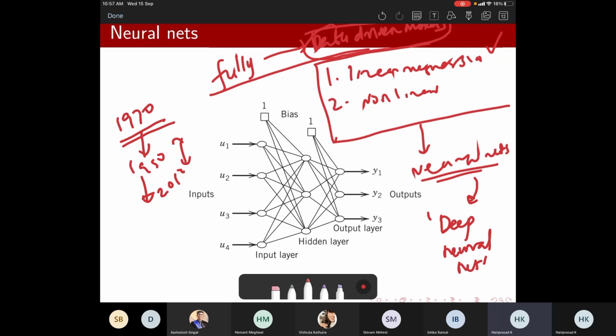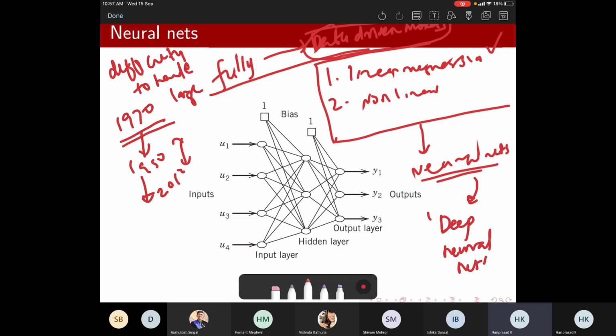People said this is junk, you cannot use this, you won't be able to get anything out of it. This was primarily because of the difficulty to handle large data. Even though the algorithms were mature enough, the hardware was not mature enough to deal with such large data.